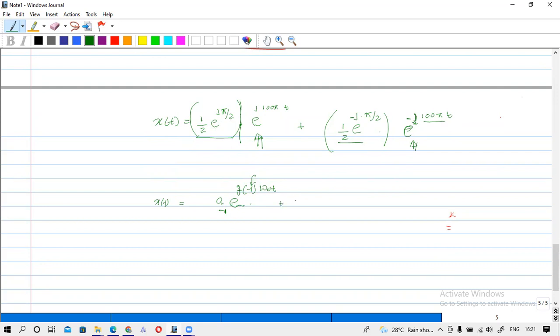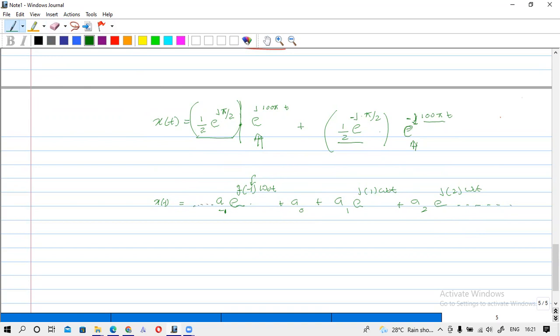And you will have a0 e to the power 0, so e to the power 0 will cancel out, plus a1 e to the power j1 omega naught t plus a2 e to the power j2 omega naught t, and so on.